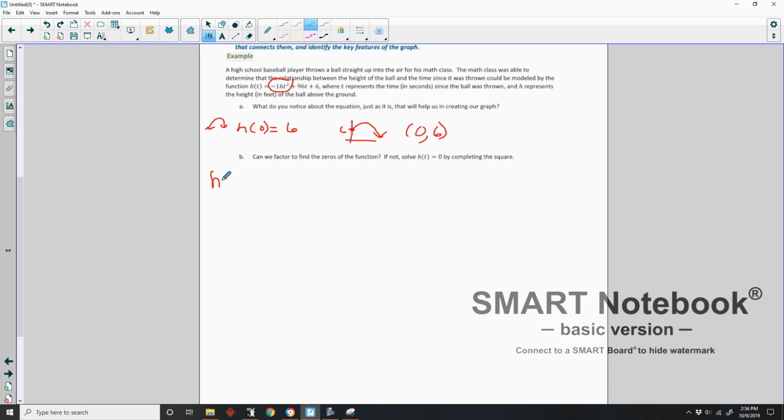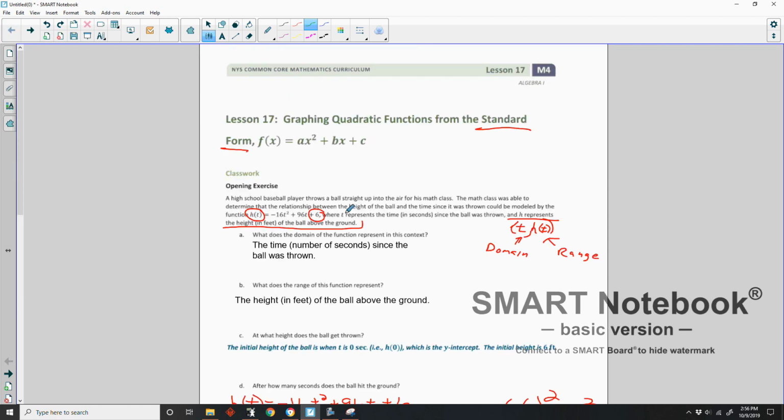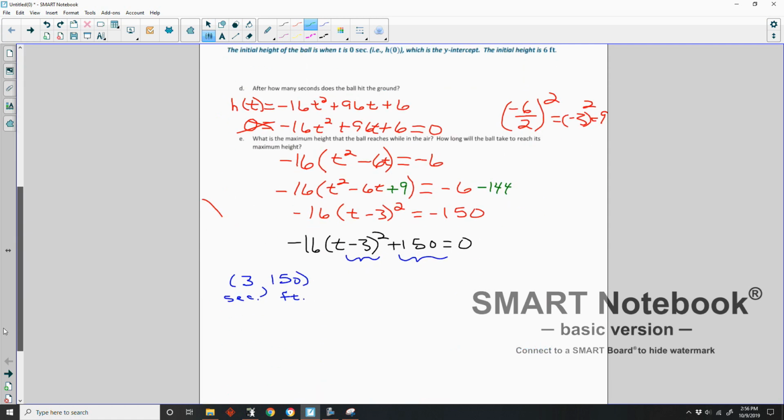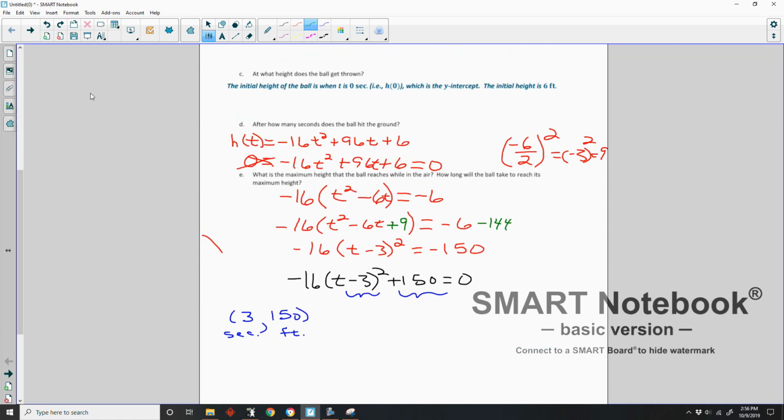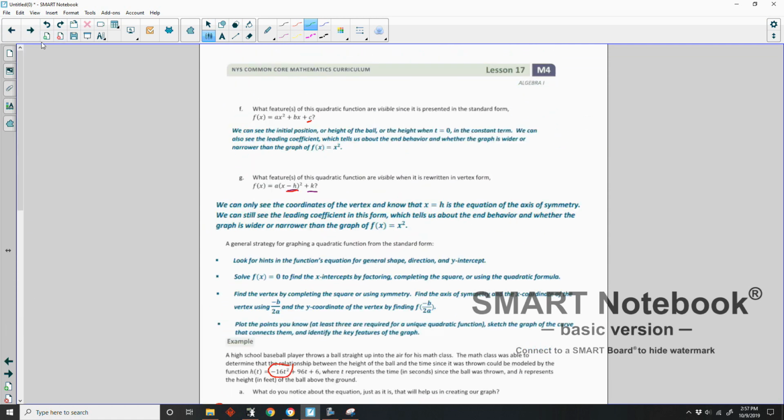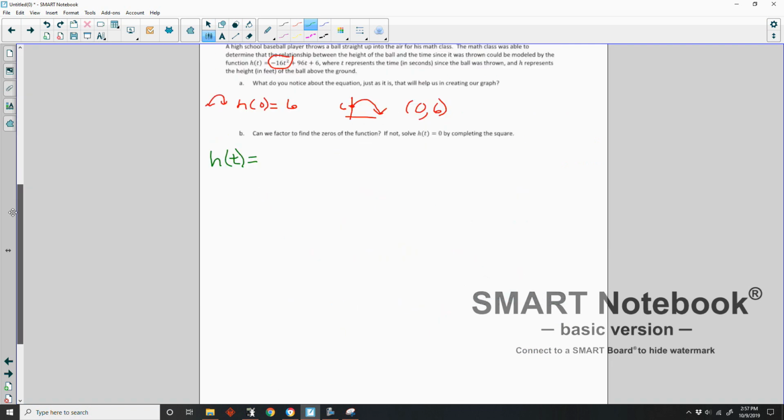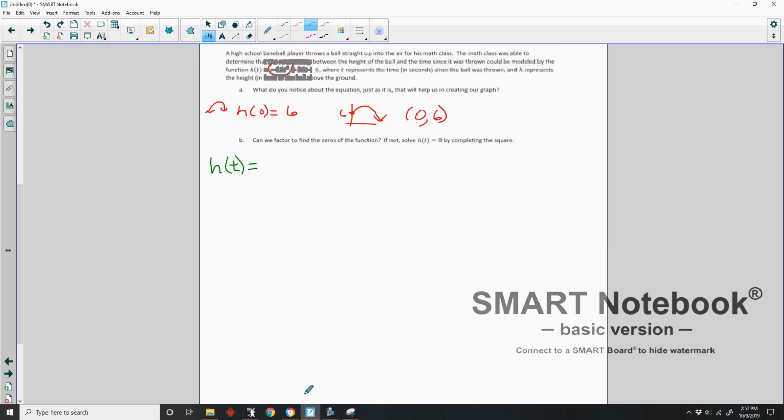So we're going to get h of t equals... I think I erased it from the prior page. All right, it should still be in my calculator.